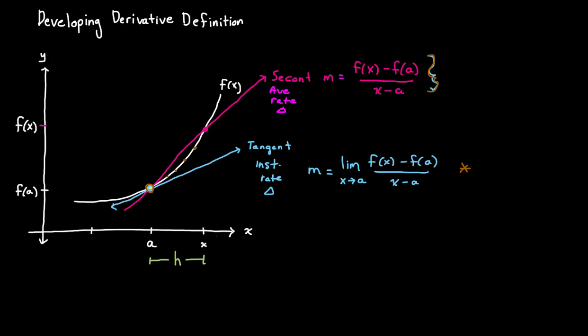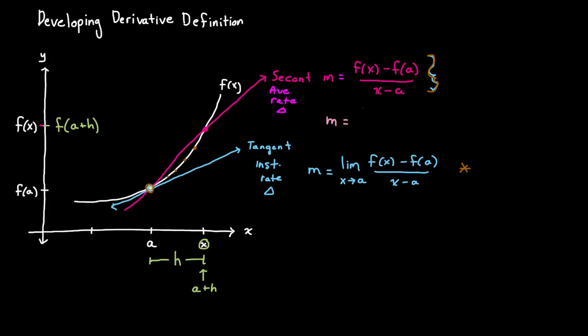And so now this point X can be related to the original point A. Instead of saying this is the point X equals X, we can say this is the point X equals A plus the delta X, or A plus H. So we have this value here now, which is A plus H. And the corresponding Y value, of course, is going to be f of A plus H. Utilizing that, we're going to come down to our secant, and we're just going to rewrite the difference quotient using that methodology.